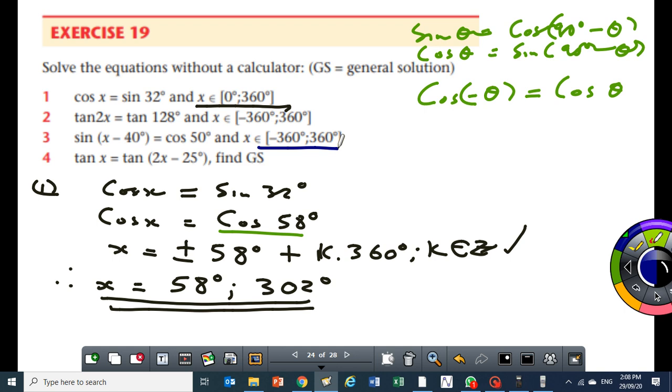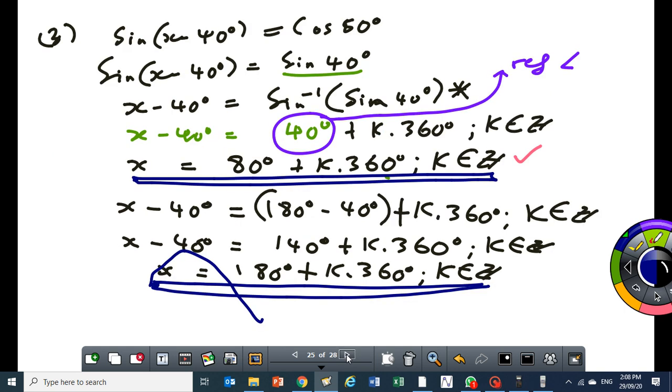Remember I told you a few days ago that the matrics last week wrote their maths paper 2. There was a question that was almost like this. They were finding the general solution and stopping here. A question which had 6 marks, so most of them were getting 3 or below. They were stopping there.